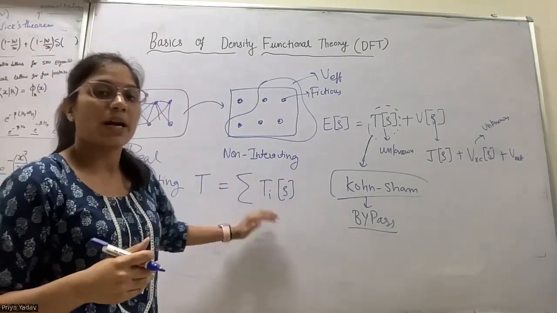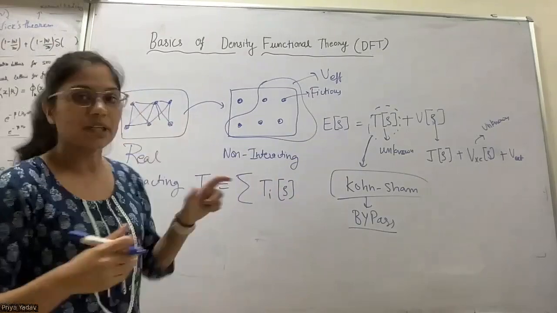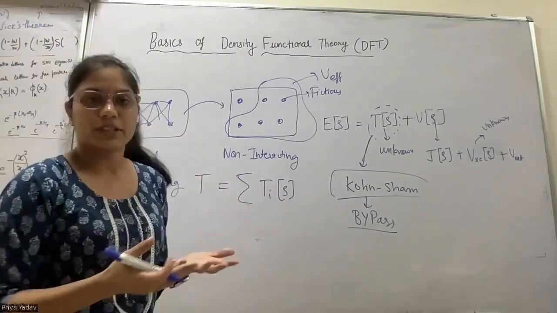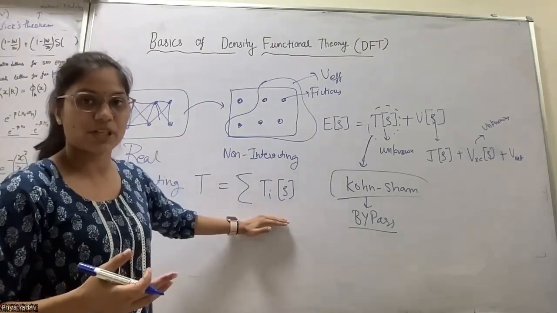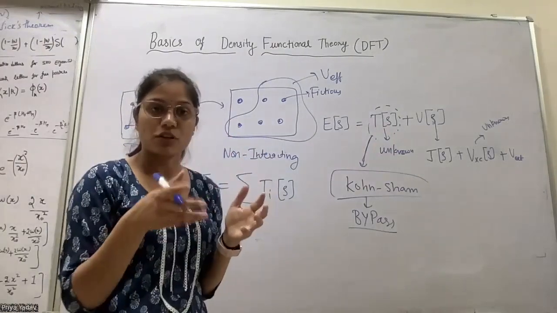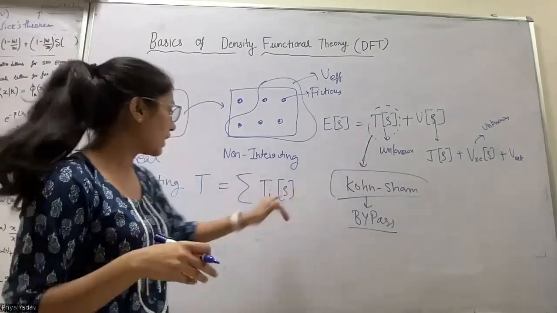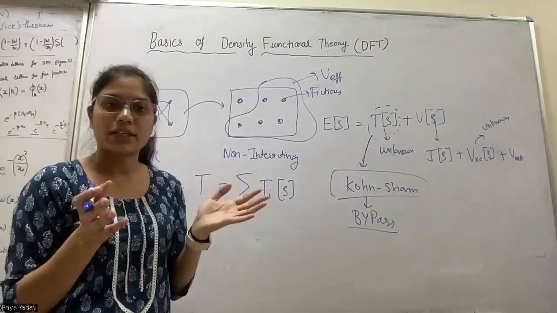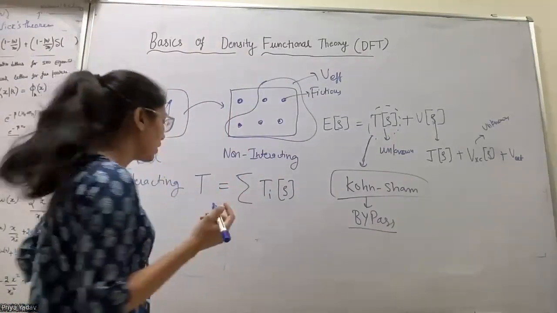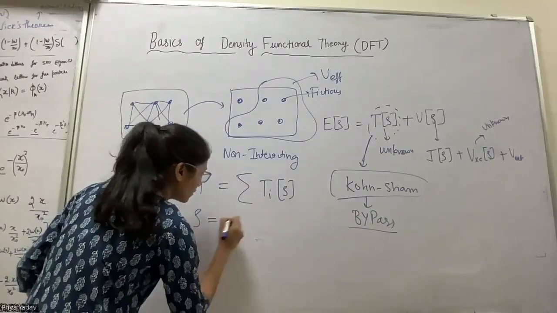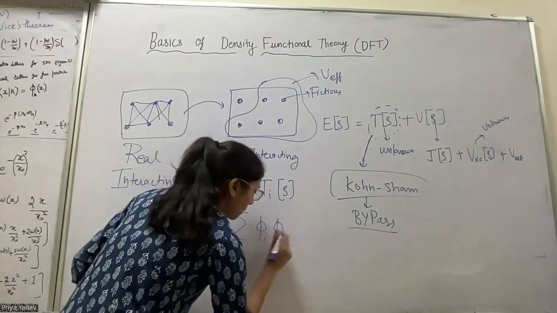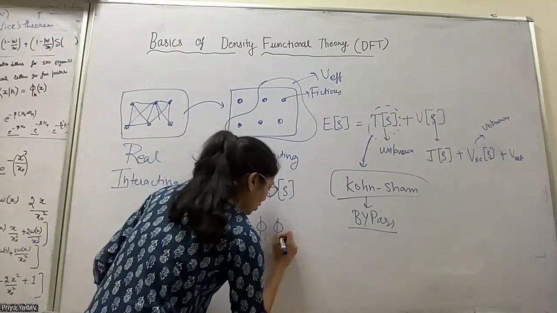The electrons will have a different kinetic energy when they interact than when they are not interacting. So this was his approximation. He bypassed the problem that I cannot write T as a function of rho for interacting particles, so I'll consider them non-interacting and write it as a sum. Similarly, the total electron density was also written as a sum of the individual particles' densities.